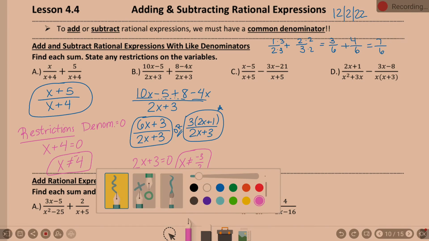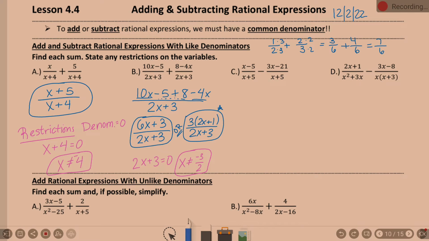Okay. What's different about problem C? Subtracting. With it being subtraction, good news, what do we already have? Same denominator. So we've got the x plus 5.